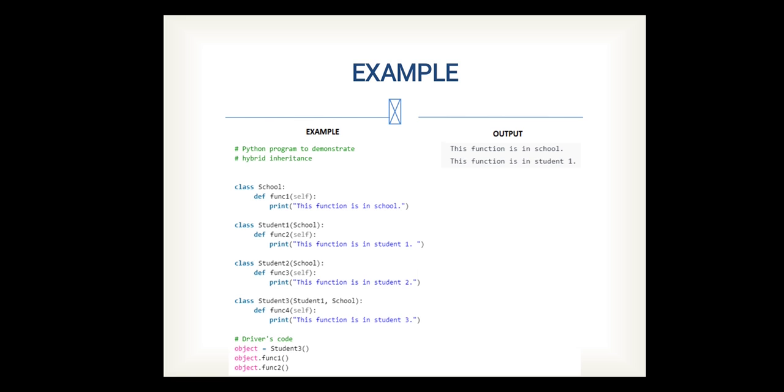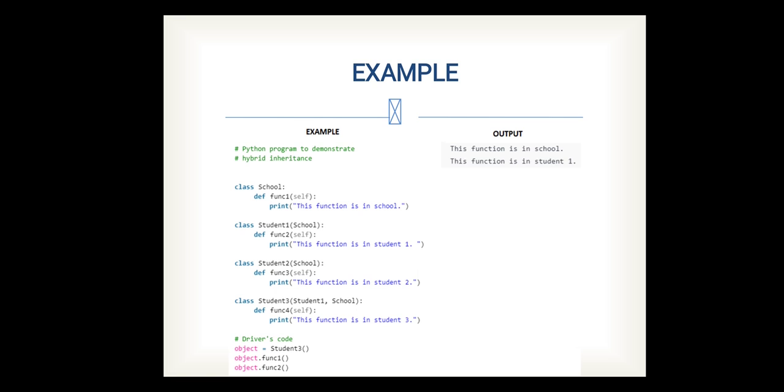School is a parent class. Student 1 inherits from the parent class, school. Student 2 also inherits from the parent class, school. So this is an example of hierarchical inheritance: one parent class and many child classes derived from it.